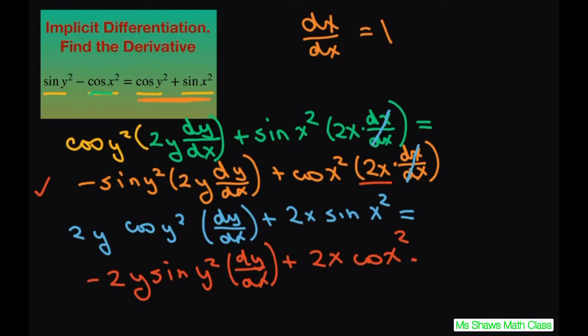All right, now what we're going to do on the next slide is move the derivative of y's with respect to x on the left-hand side. I'm going to move this on the right-hand side.